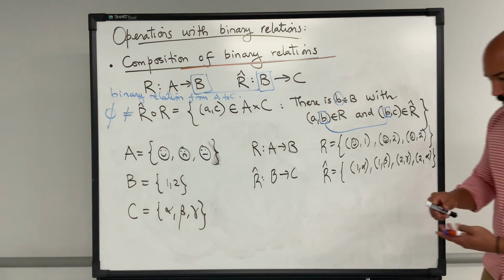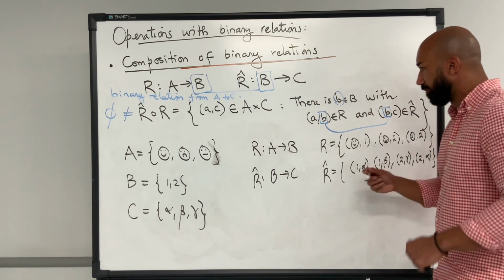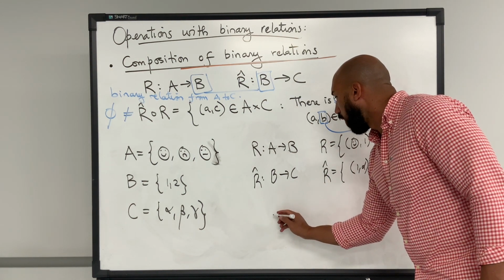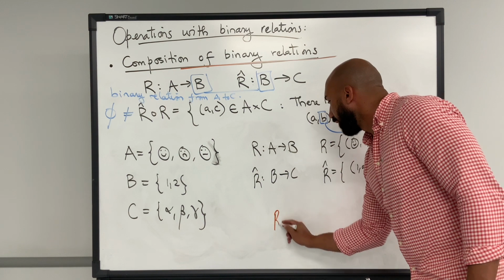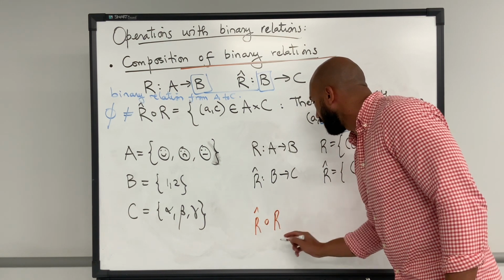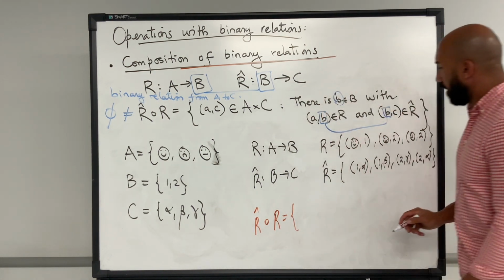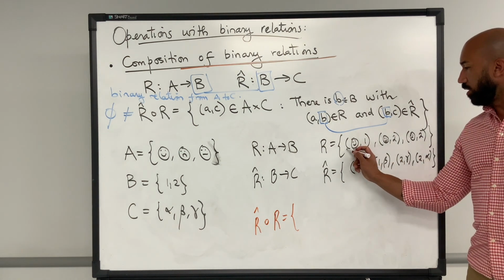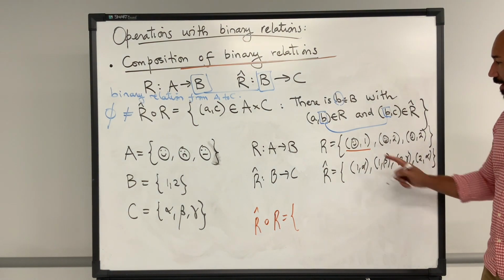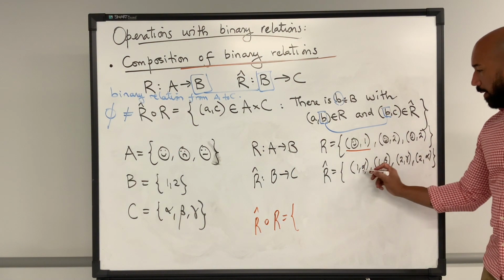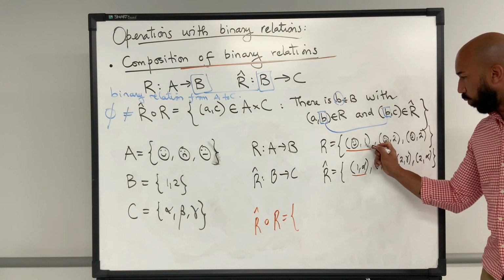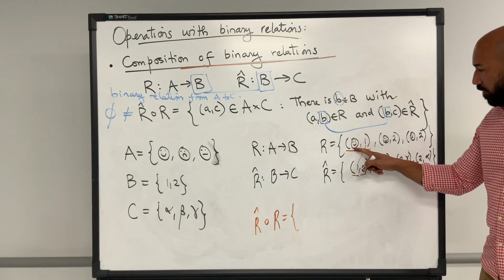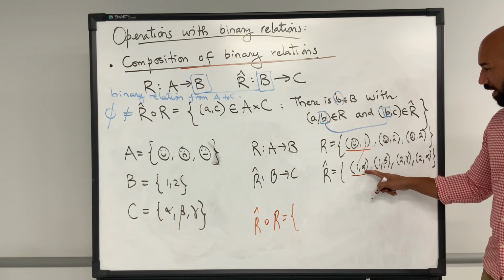So what is gonna be the composite binary relation now? R composite R hat. Well, look at the following. According to the relation R, happy face is related to 1. But 1 is related to alpha, so 1 is serving as a link for happy face and alpha.